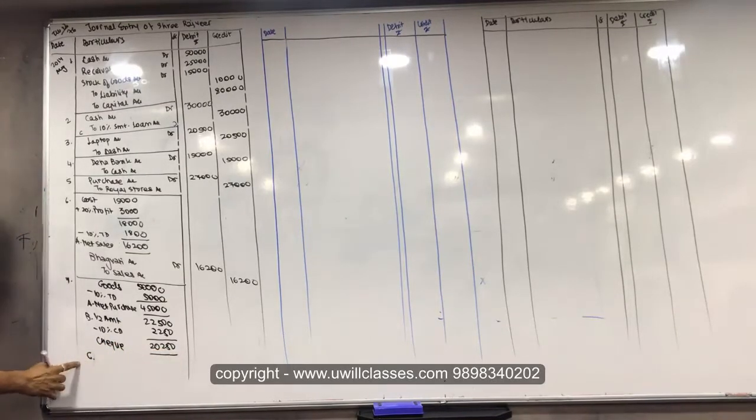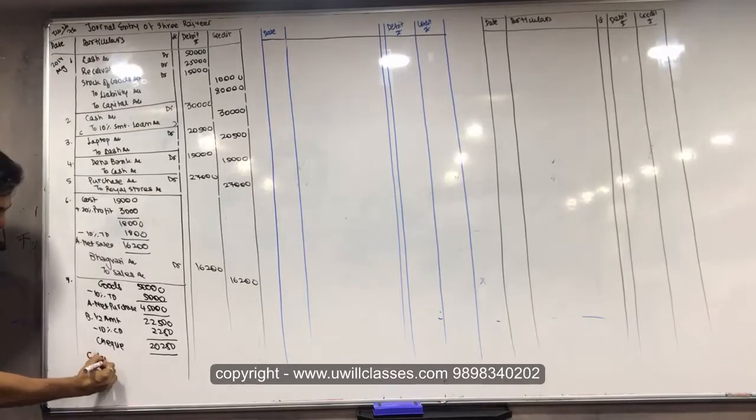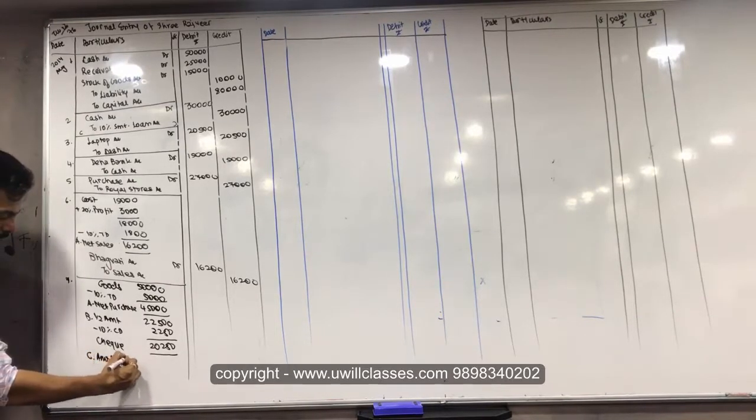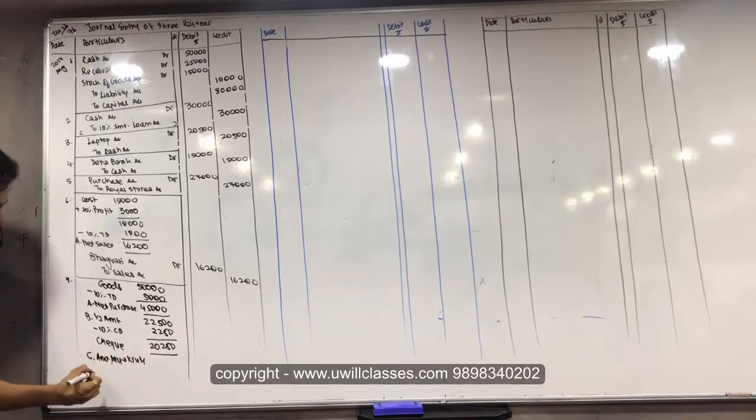And C, don't forget this third one, amount payable to Kruti, A minus B.